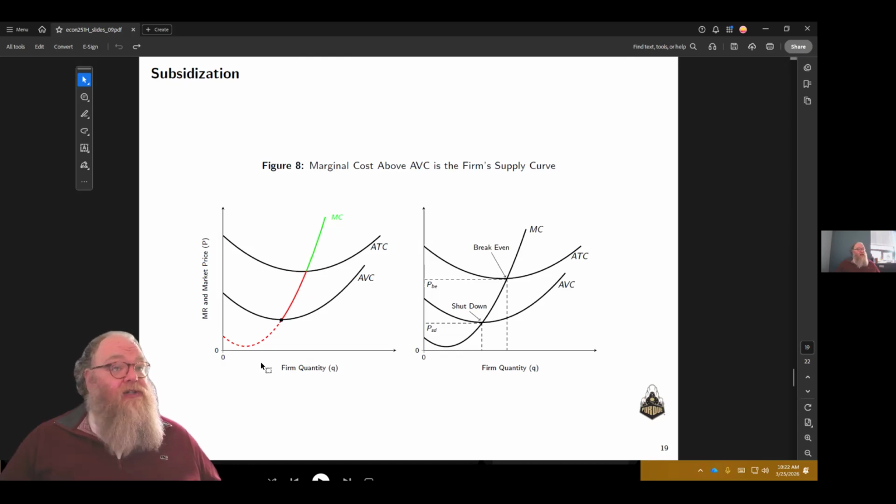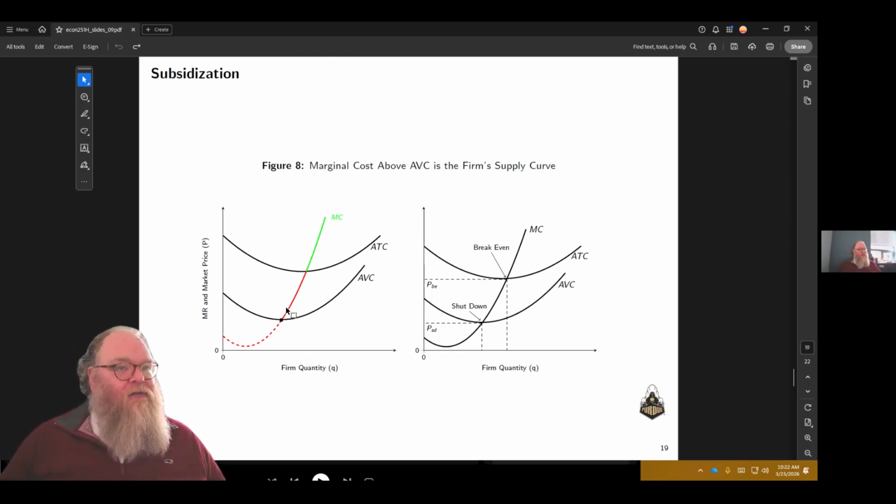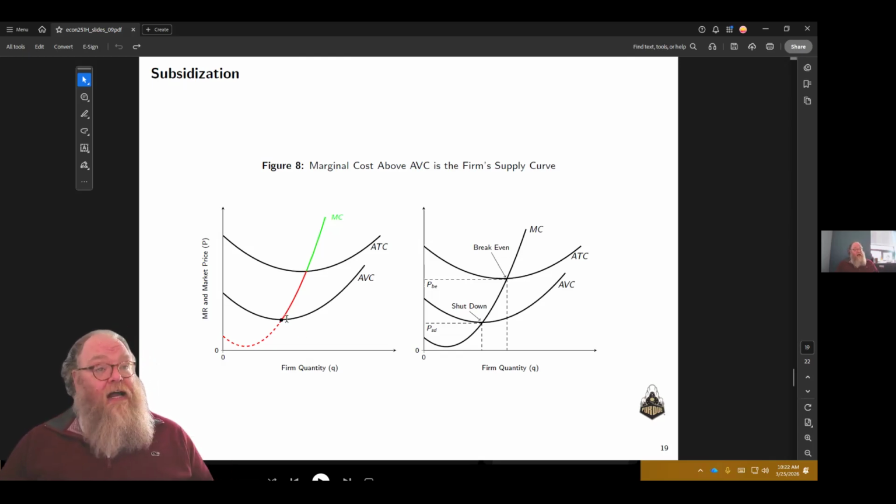If the price is in the dotted area, they should shut down because staying open actually is worse for them. Whereas in this non-dotted red area, staying open is better for them, even though they're earning negative profits, because the negative profits they're earning are still greater than negative fixed cost. Okay, so the minimum of AVC constitutes the shutdown rule.